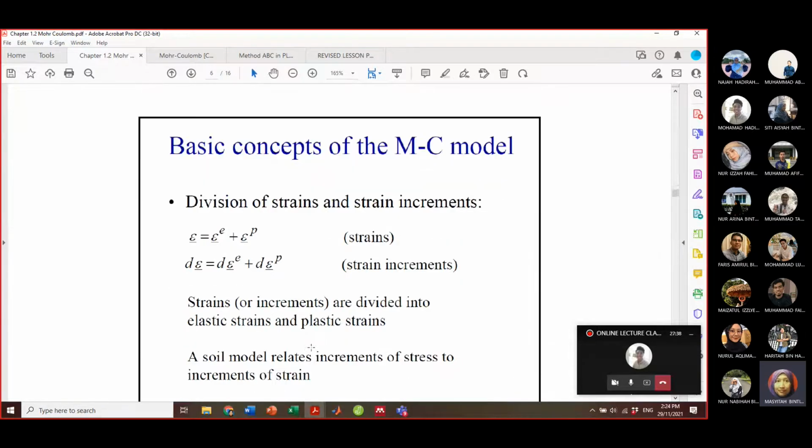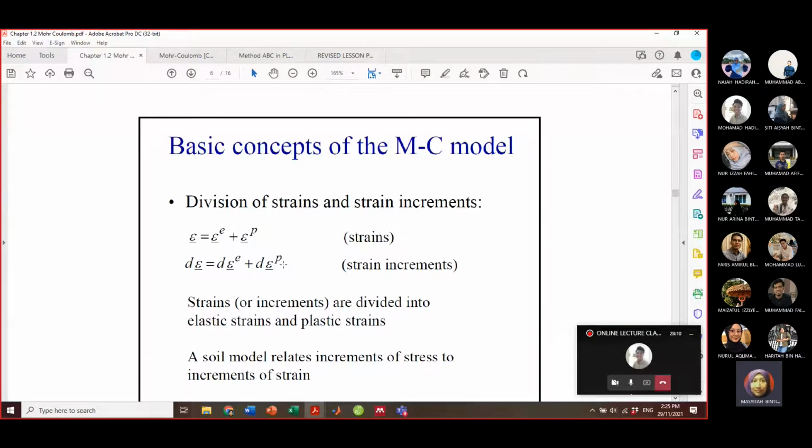What is important about the strain increment and also the strain of the Mohr-Coulomb model? The increment means the changes which you can see before and after applying loading. So what the strain is, I explained just now. If you want to see the strain increments, you need to subtract the strain value before you apply loading and after it reaches failure.